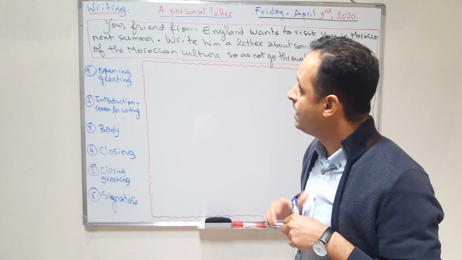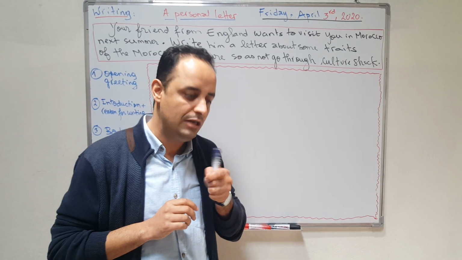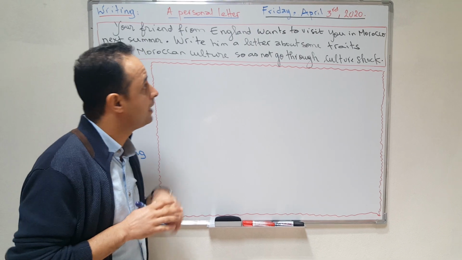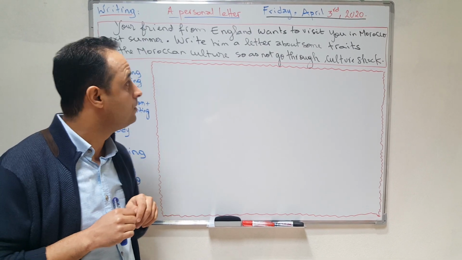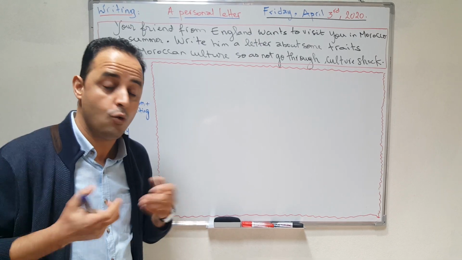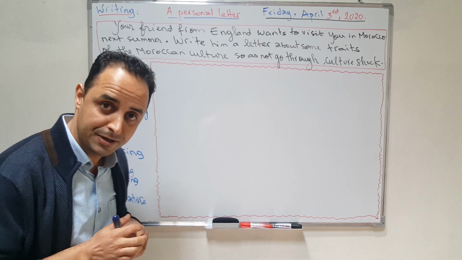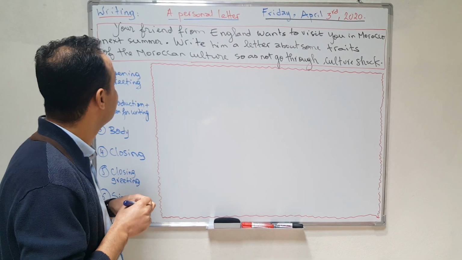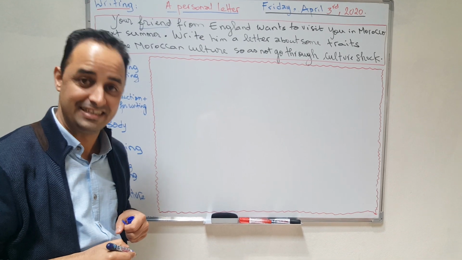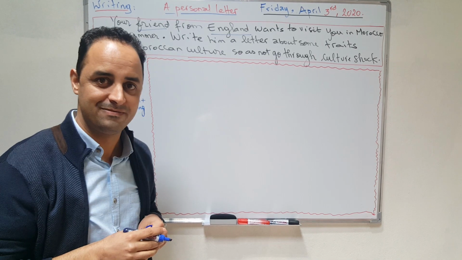Great. Now let's try to find the key words in our task here. Can you read again and tell me the key words that will help you to write what you are supposed to write about? The first one is great, friend. Second one, excellent, England.